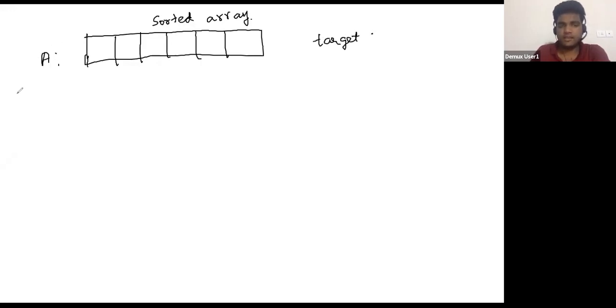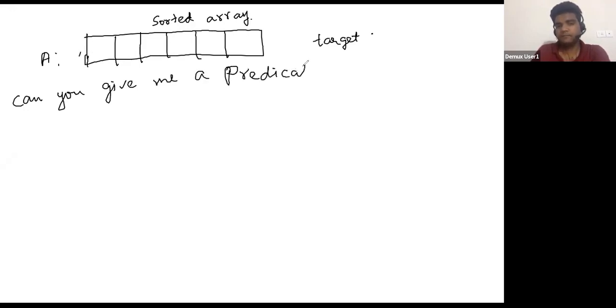My question is, can you give me a predicate such that binary search will be applicable on this search space with this predicate? You know that you can find a key in a sorted array with binary search. That's the level of binary search that we are taught as students. Now I am telling you to prove this formally, that you can apply binary search on this. Just give me a predicate.